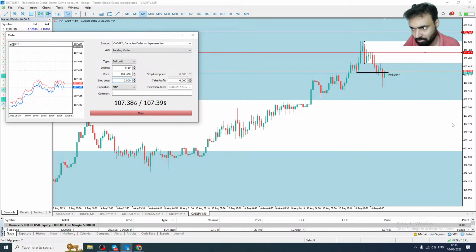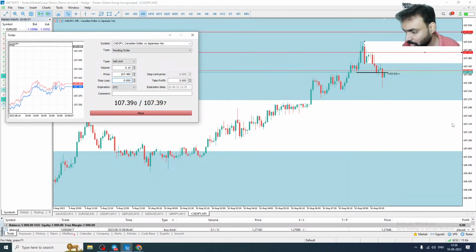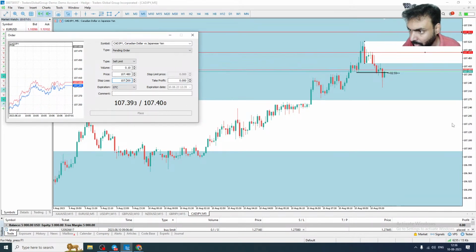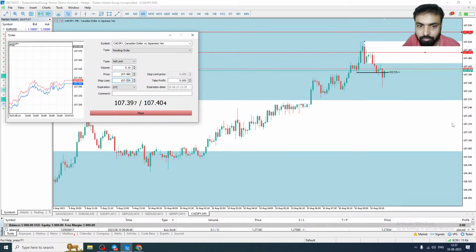So there is a chance stop loss can hit. So we don't want to put a tight stop loss here. 107 point, maybe 5.80. No, 560, it's enough. 560. Okay, place.